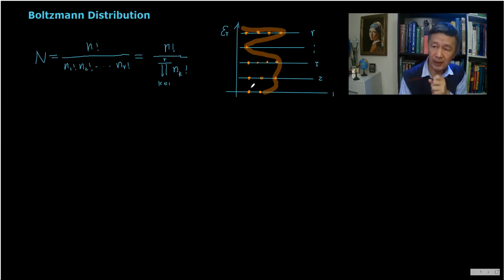There is more than one configuration. If I add one more different distribution graphically, it is also acceptable. In physics, we are more interested in finding the most probable configuration or most probable distribution in order to solve problems in thermodynamics.